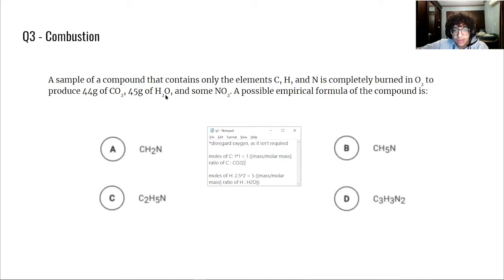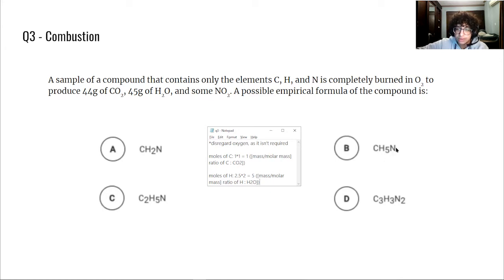The relation from H to H2 is 2 to 1, so you need to multiply by 2 here. It's 2.5 originally, 45 over 18, mass over molar mass, and then you multiply by 2 because of the ratio. It becomes 5. As we look at the options, B has CH5.